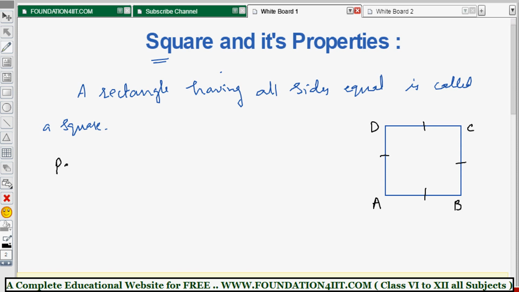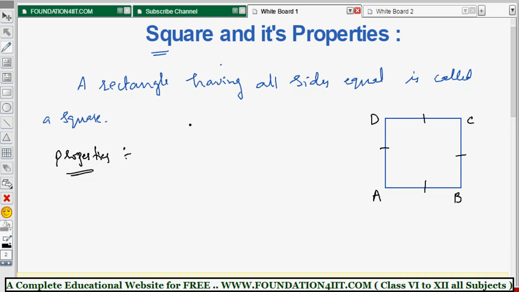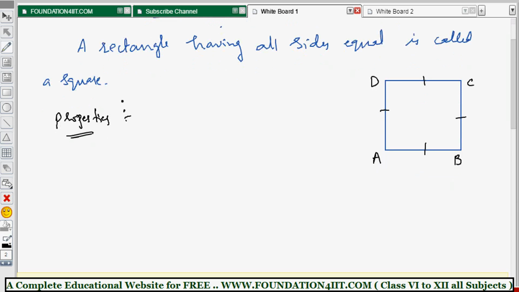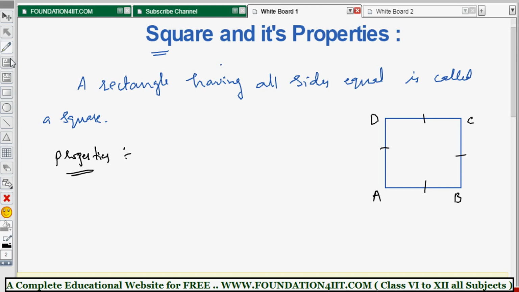See the properties. Same properties from the rectangle, but one extra property will be added in the square. So first one, all sides are equal. In the square ABCD, all sides are equal. This is the first property, from the definition.